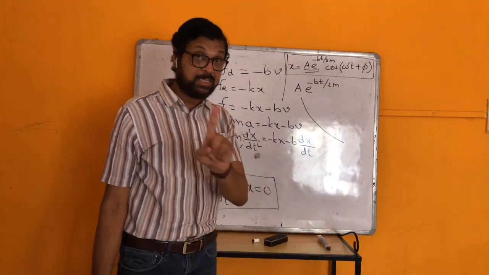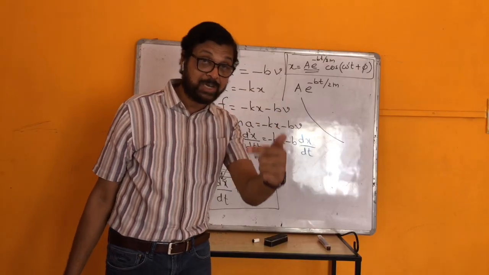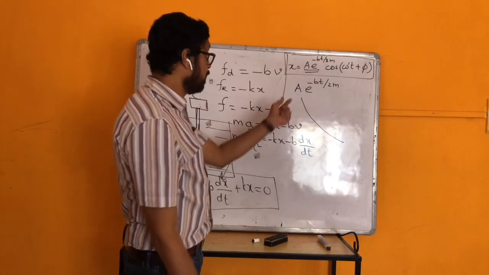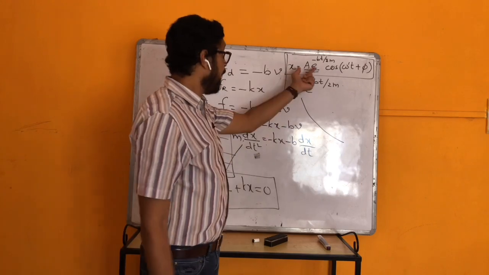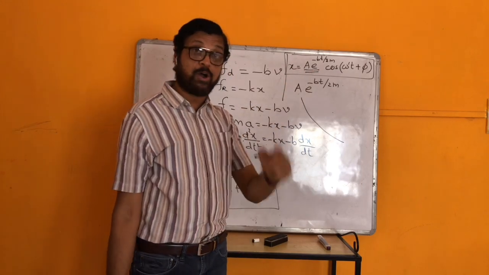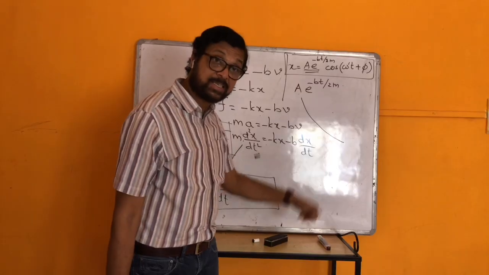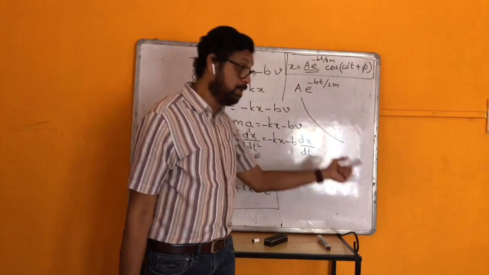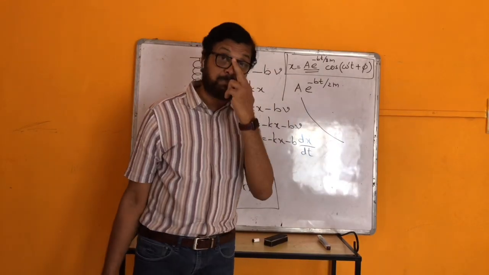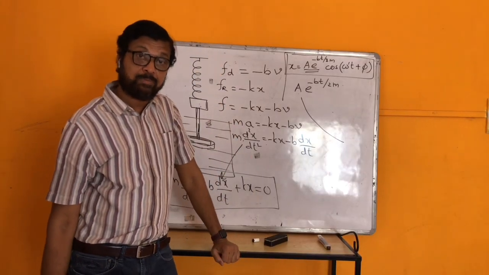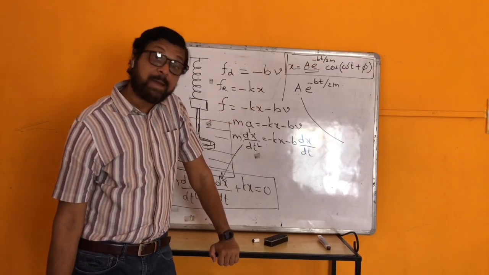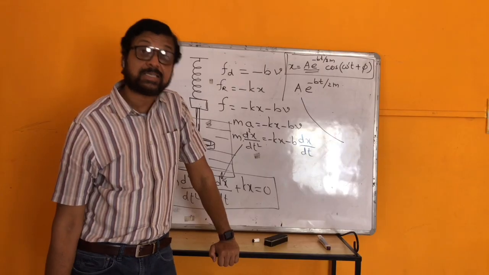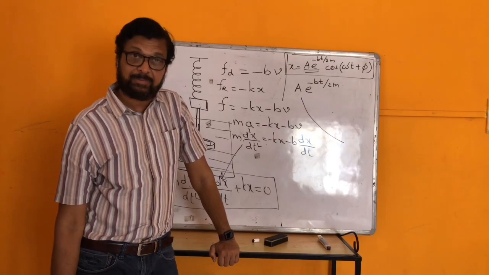Exponential decrease म्हणजे ती zero होत नाही, कमी कमी कमी कमी होत जाते पण zero होत नाही. So this means that the amplitude of damped oscillation decreases exponentially because it is e raised to minus bt by 2m.